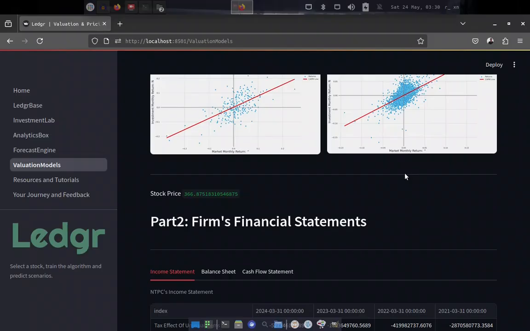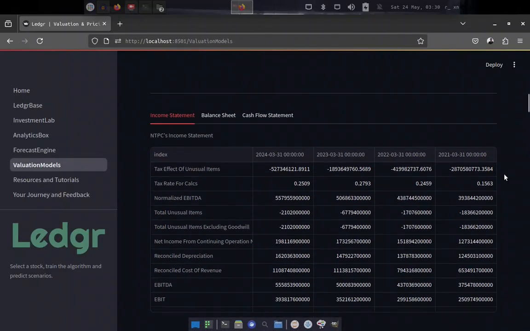The stock price is listed right over here, and next we move on to the firm's financial statements. This is very important, and as you can see, in three tabs, the three main sheets, the income statement, the balance sheet, and the cash flow statement, have been totally tabulated.